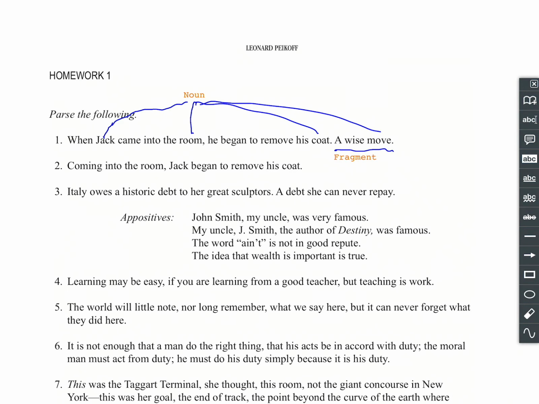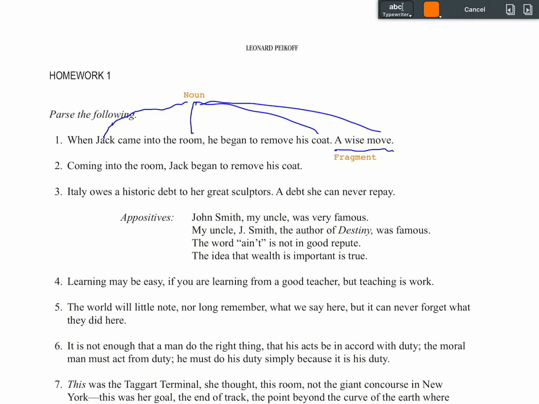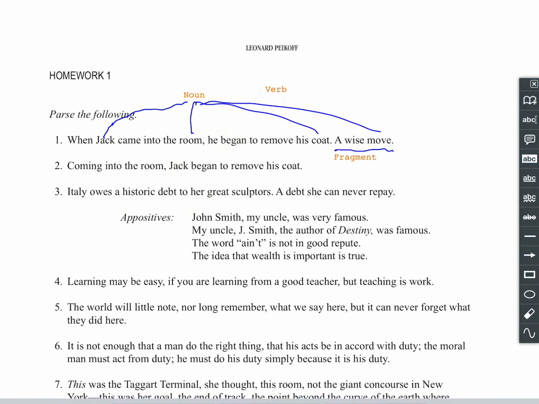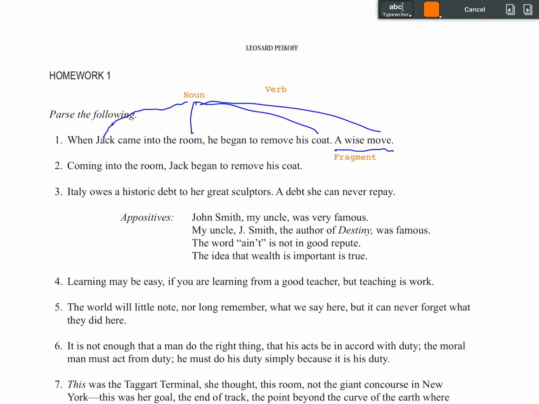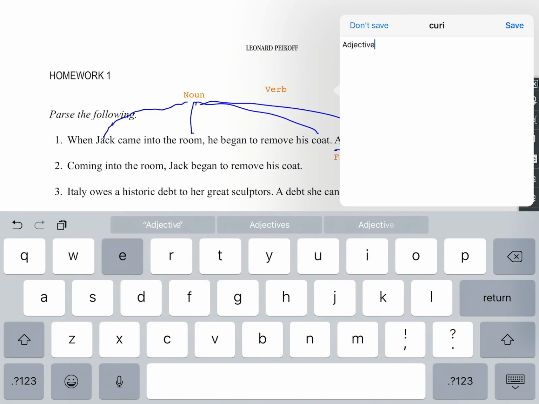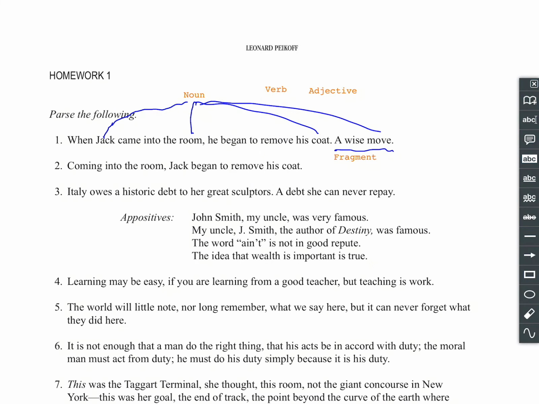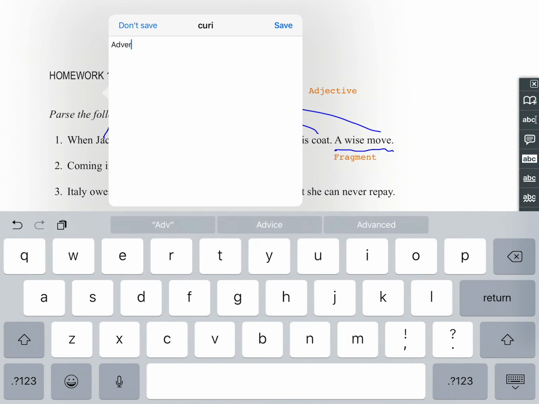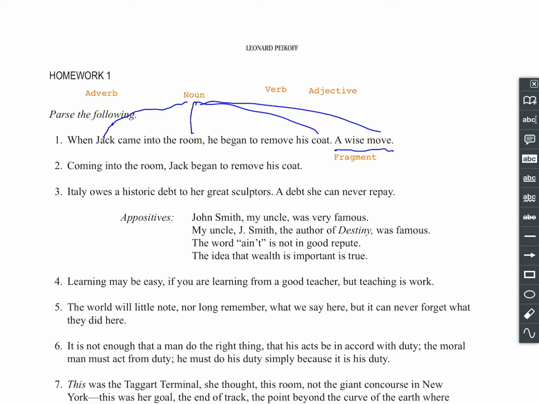A basic complete thought is a noun and a verb. Alright, so let's mark some verbs. Alright, we got our main parts of speech.